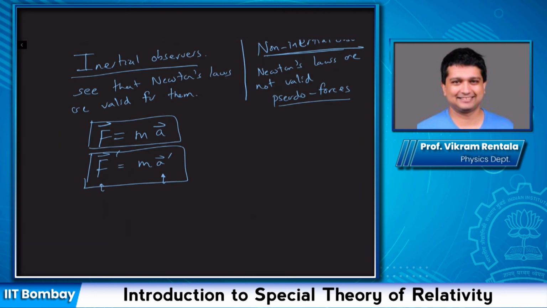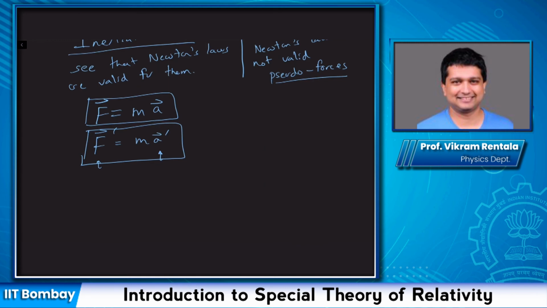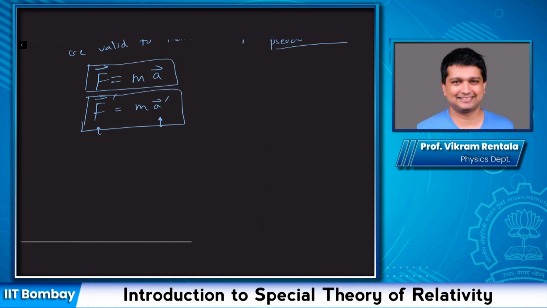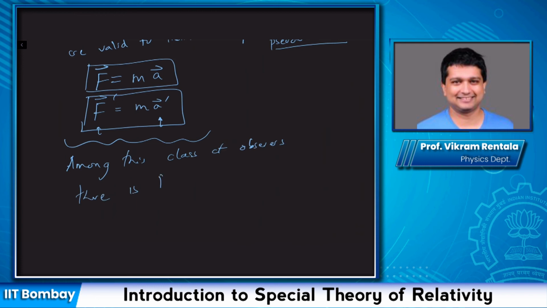Okay, so inertial observers are those observers for whom Newton's laws are valid, and therefore these observers all have constant relative velocity with respect to each other. And that means that they have no acceleration with respect to each other. Now, the interesting thing is, among this class of observers, there is no preferred observer.